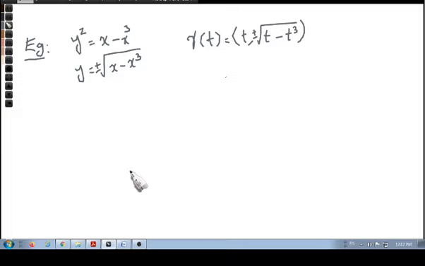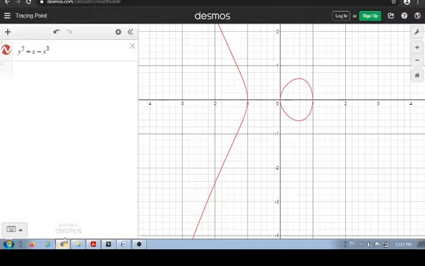Plotting of curves requires some knowledge of calculus, but there are online tools available. I will show you the graph of this in Desmos. You can plot curves online in this website desmos.com.